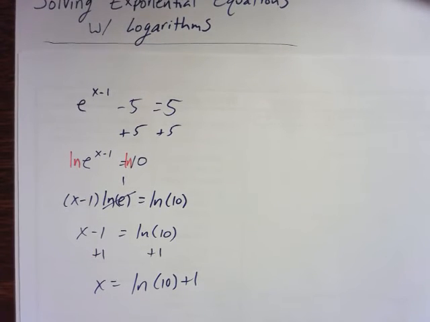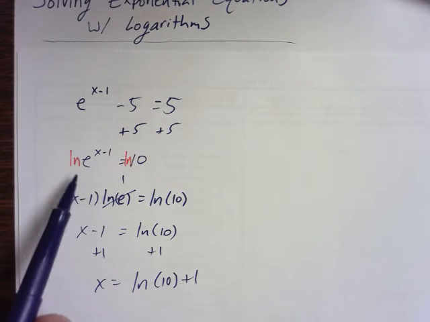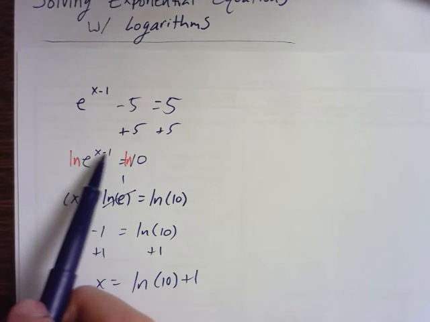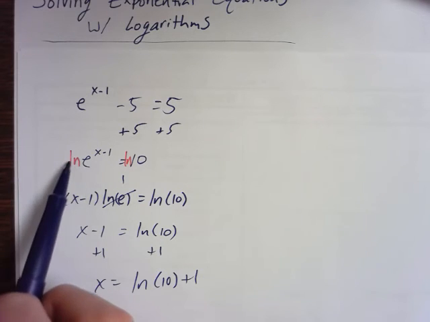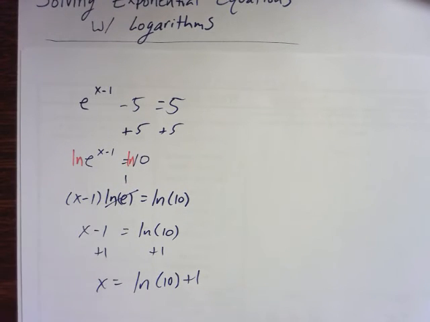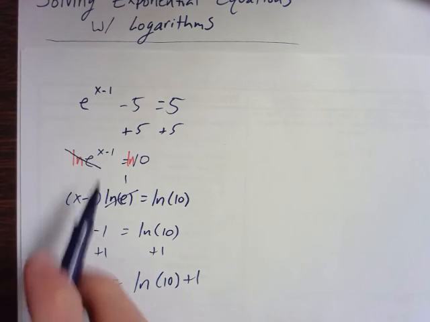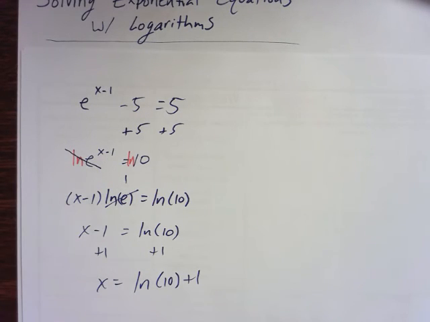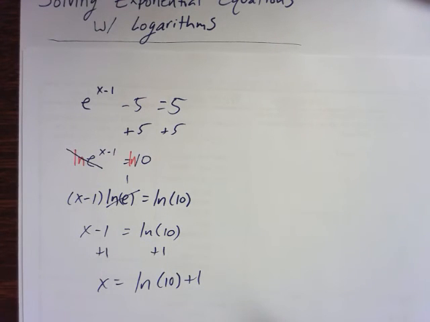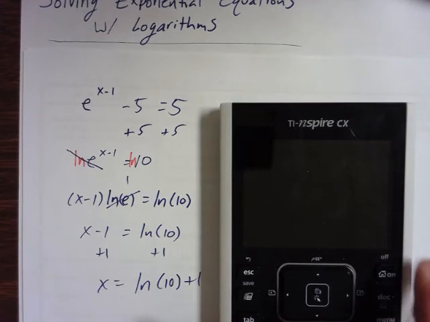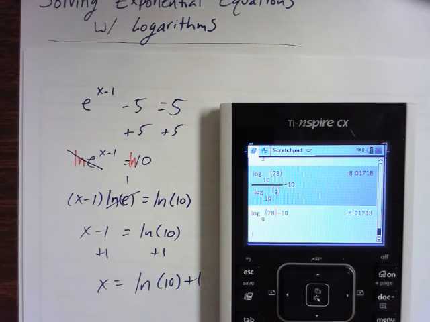Now, the more we get used to it, once again, you can basically see that what I'm doing here is moving my power up front and then just getting rid of the ln and the e. So from now on, I can kind of just cross it out from there and just say x minus 1 equals the ln of 10. Kind of save myself a few steps. All right, and I can plug this into the calculator just like the other ones.